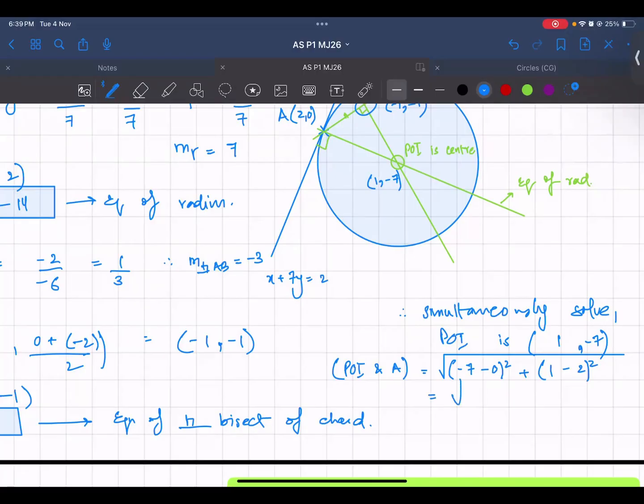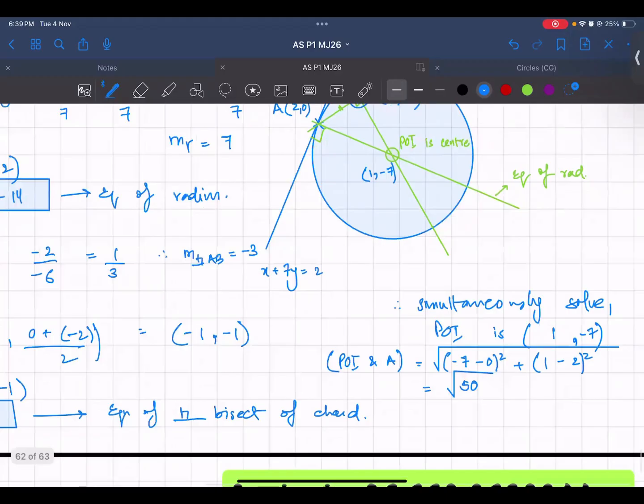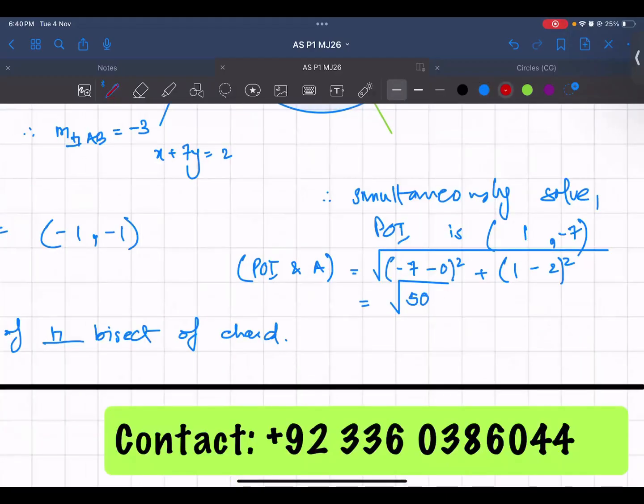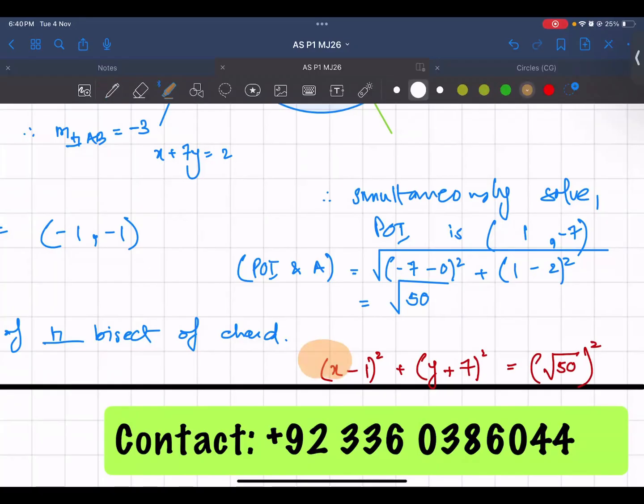So this will be under root 50. And therefore the equation of the circle will be x minus 1 whole square plus y plus 7 whole square is equal to under root 50 whole square. This is the final answer.